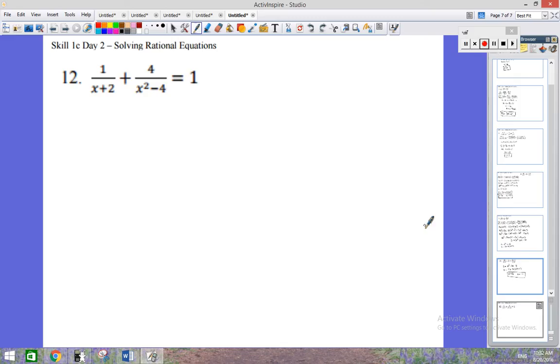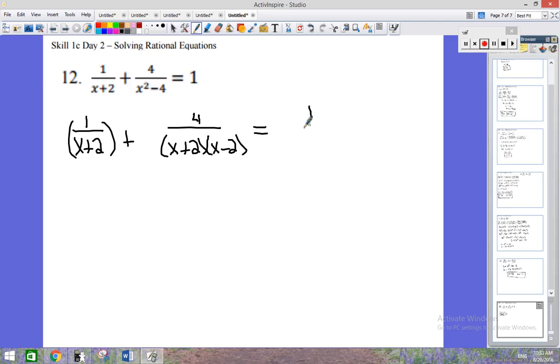Alright, our last problem for part 2. Factor each denominator. I look at the denominators and determine what I want as a common denominator to appear everywhere, and there it is.